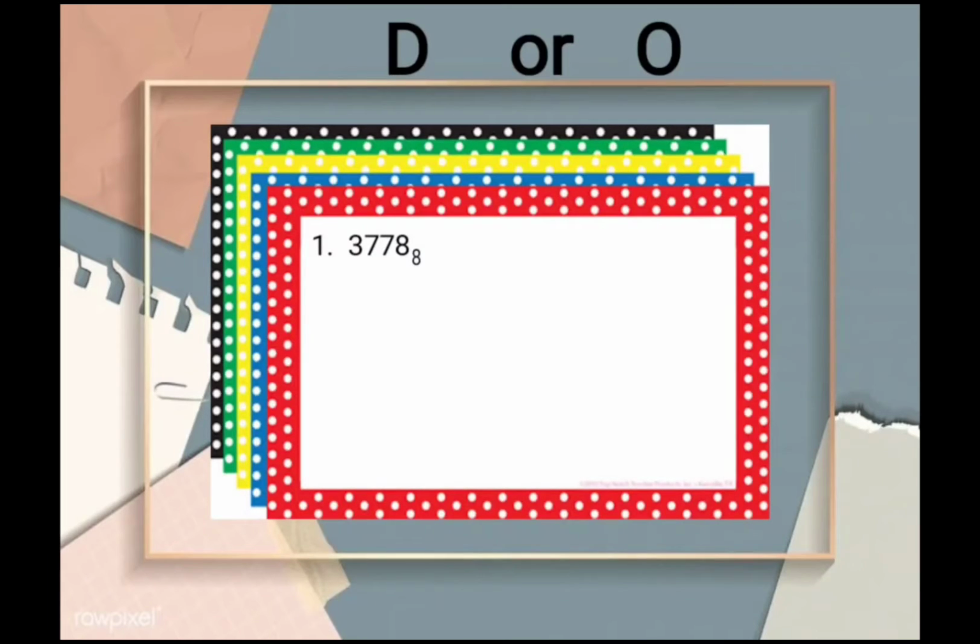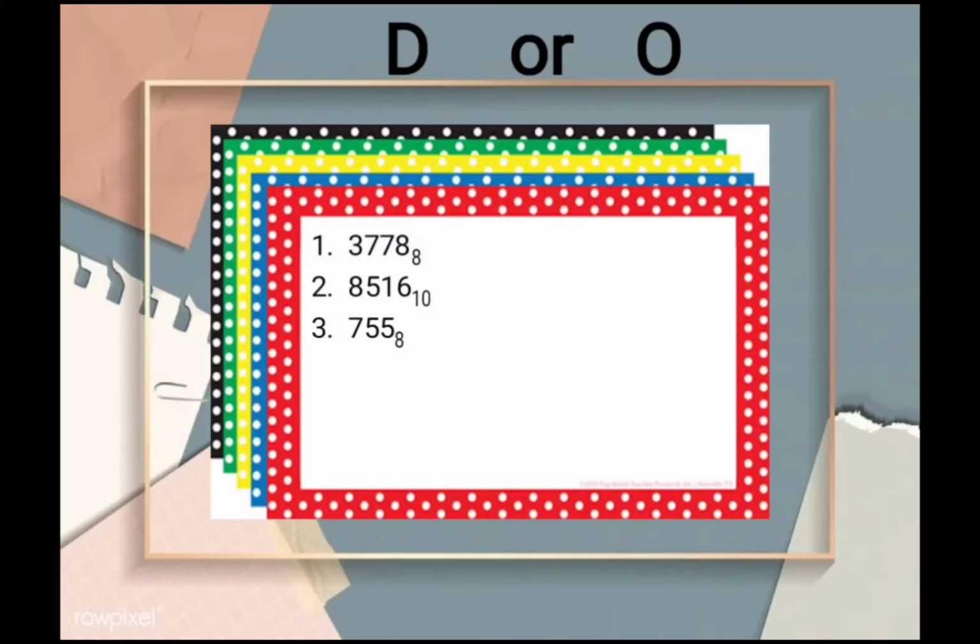So what kind of number system does it belong to? Very good. This belongs to octal because it has a base of 8. How about number two? Very good. That number system belongs to decimal. Number three.